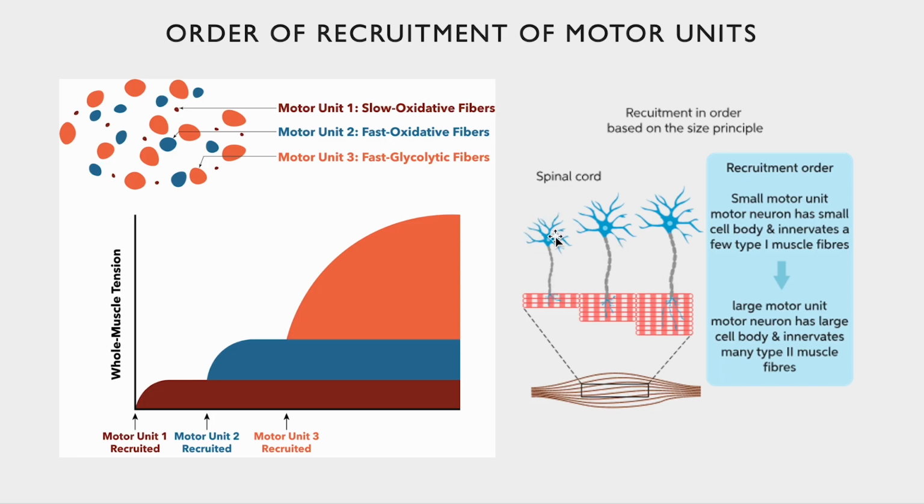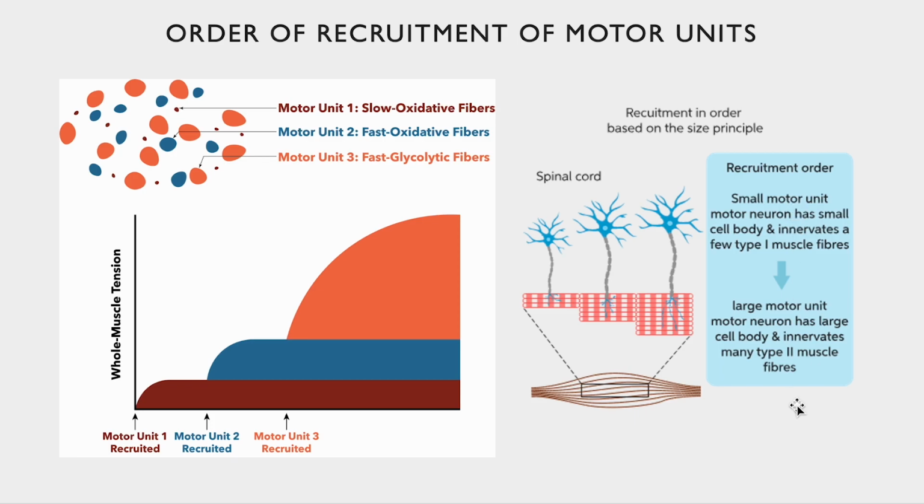Notice that a single motor unit will innervate a single type of muscle fiber, but muscles contain a combination of different types of motor units, 1, 2, and 3.